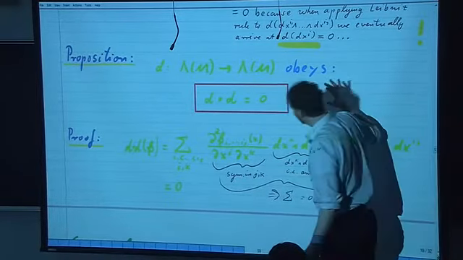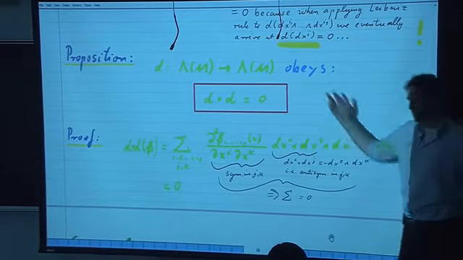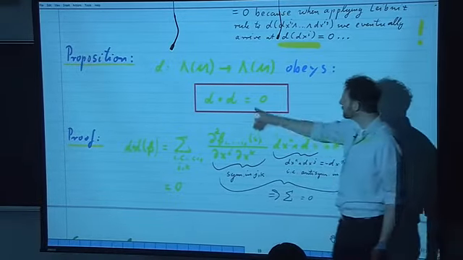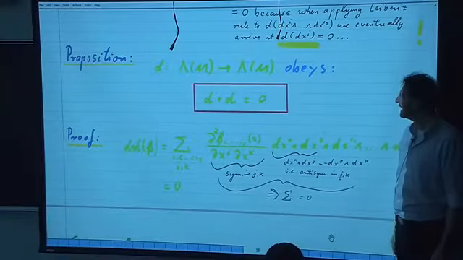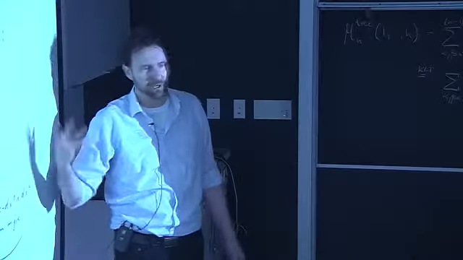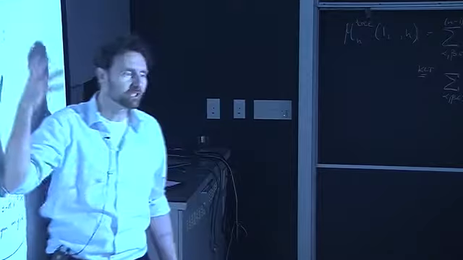I can't tell you the full picture in detail yet. We will get to that later on in the course. But this equation justifies another name for what d is. d is also called the co-boundary operator. Why co-boundary? Why co and why boundary? Now, what is the boundary operator?